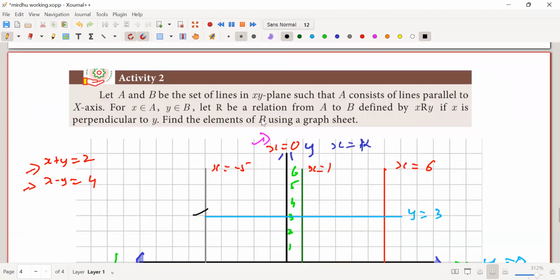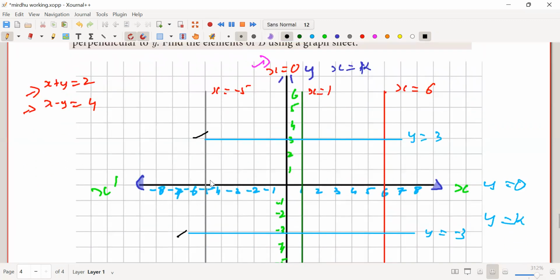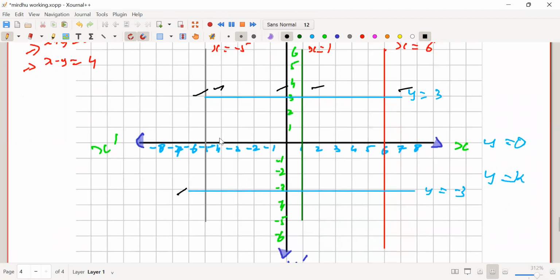Then the second condition they have given us: x is perpendicular to y. So automatically you can see that the lines x equal to minus 5, x equal to 1, x equal to 0, and x equal to 6 are perpendicular to the given lines. That's the relation we have got.